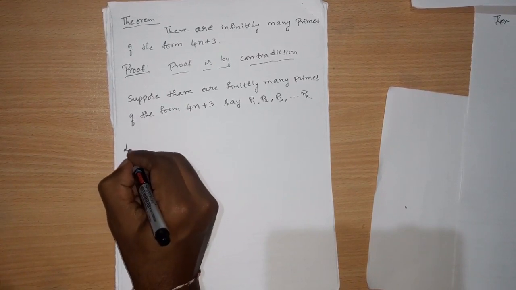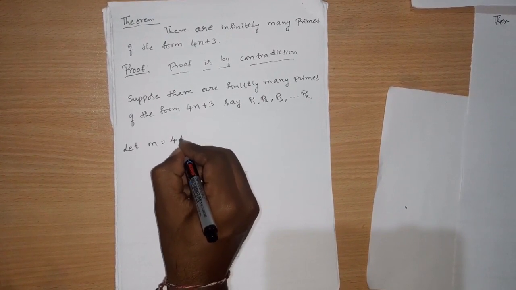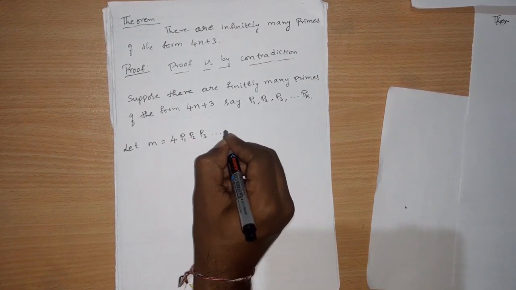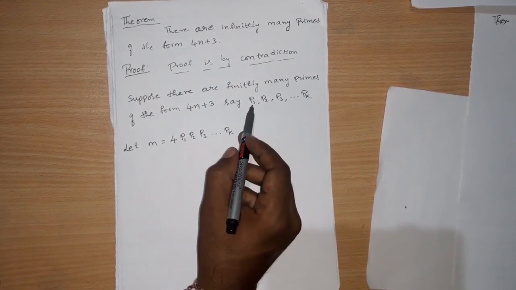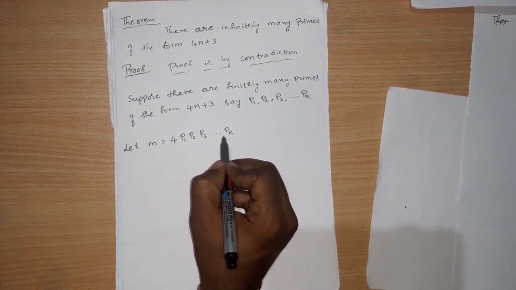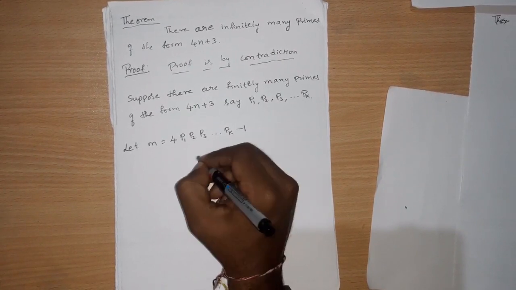So now I'll define, let m equal 4 times p1 p2 p3 so on pk minus 1. Here don't write it like p1 comma p2 comma p3. This is a product, so p1 p2 p3 so on up to pk, minus 1.